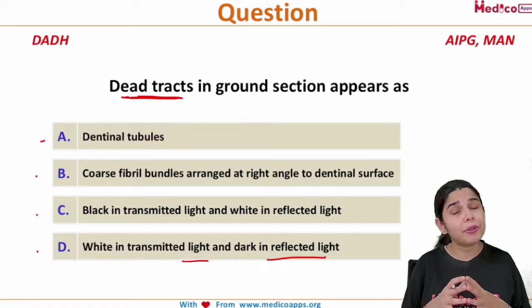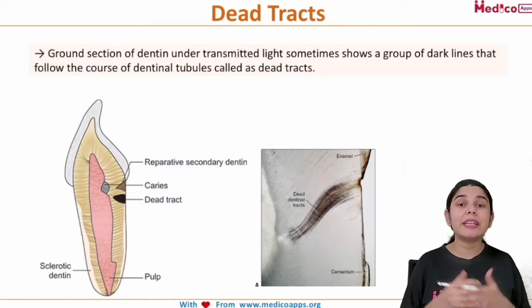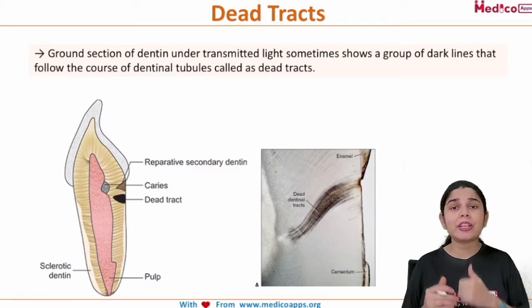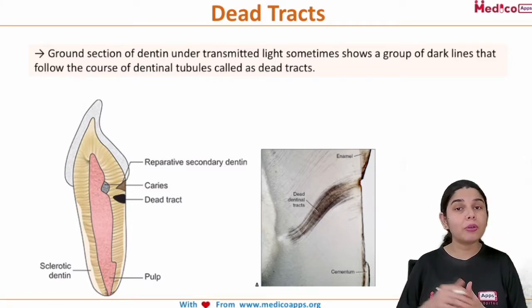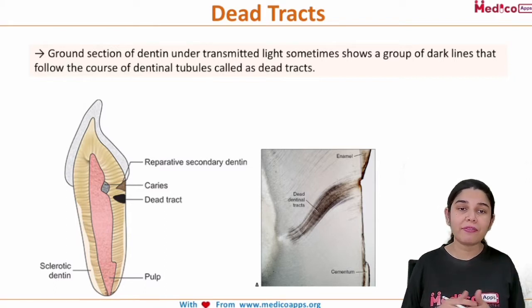So it is asking how dead tracts appear. Let's start by understanding what exactly dead tracts are. I'll be quickly explaining the dead tracts in this lecture. Let's first understand the basic phenomenon.